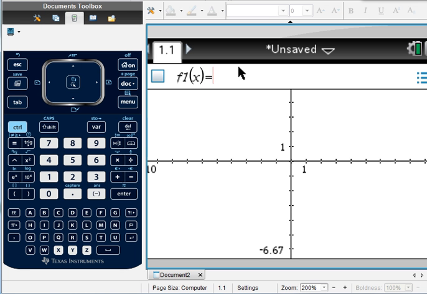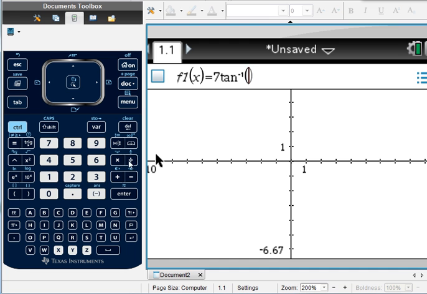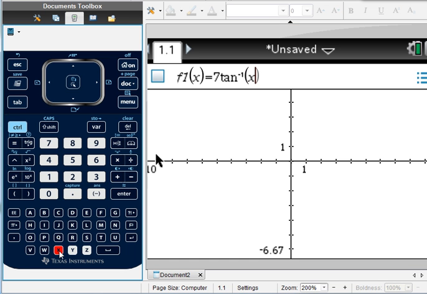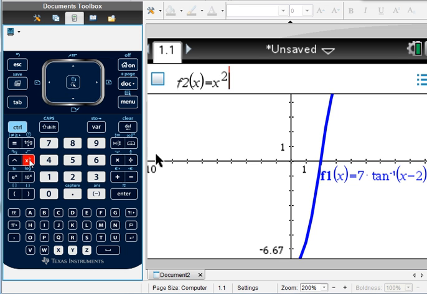So our first one was 7 arctangent of x minus 2. And then our second one was x squared minus 8x plus 18.